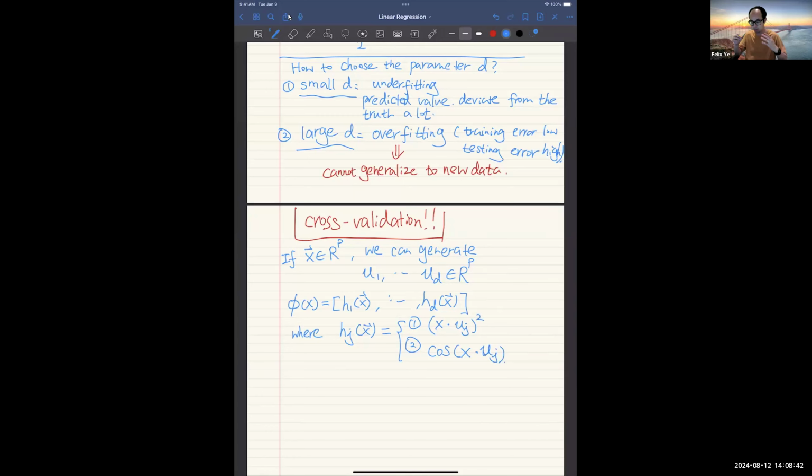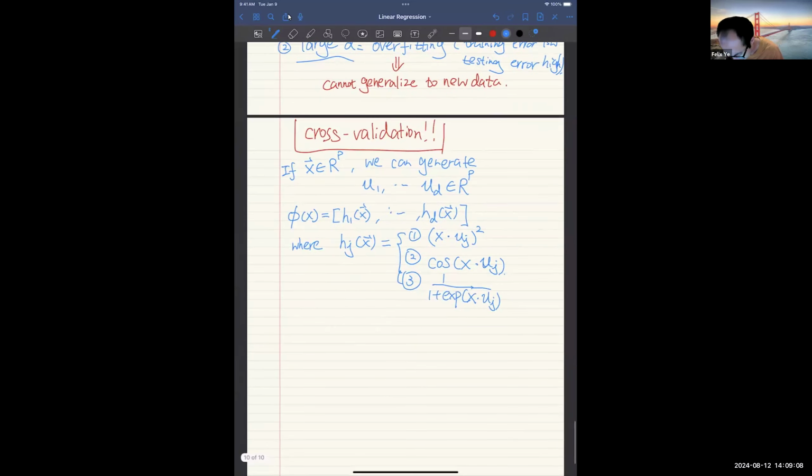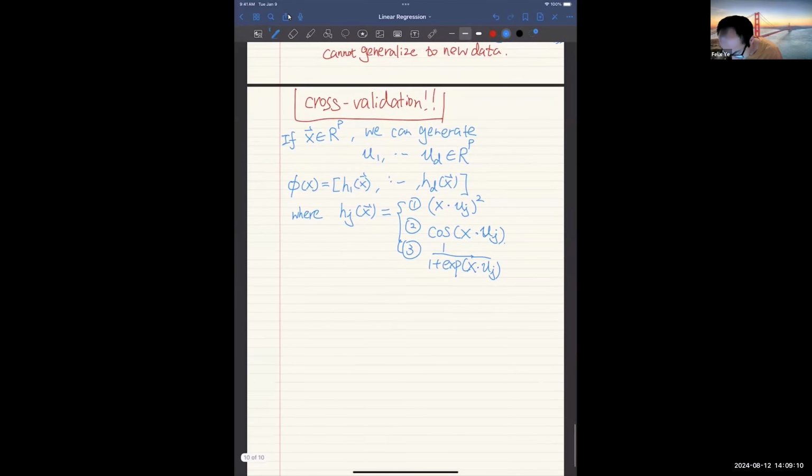So this is also a possible choice. Another possible choice could be 1 over 1 plus exponential of x dot uj. So you can see these are all possible choices for the new features that we can generate for those high dimensional features directly.